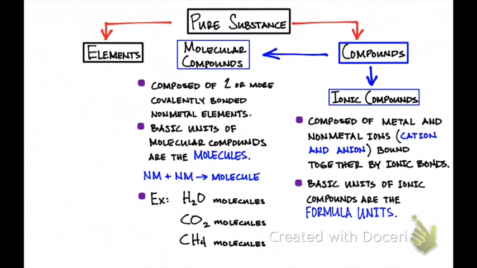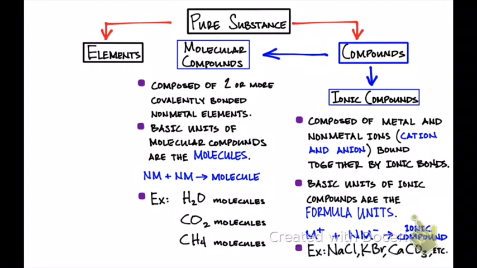The formula unit for sodium chloride is NaCl. So again, if you have a cation and an anion interacting with each other, then you have an ionic compound. Here are a few examples. You have NaCl, which is sodium chloride, KBr, which is potassium bromide, calcium carbonate, and so on and so forth.